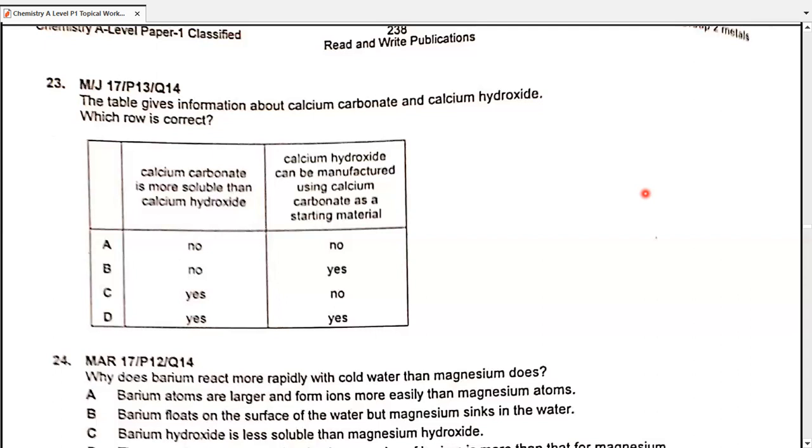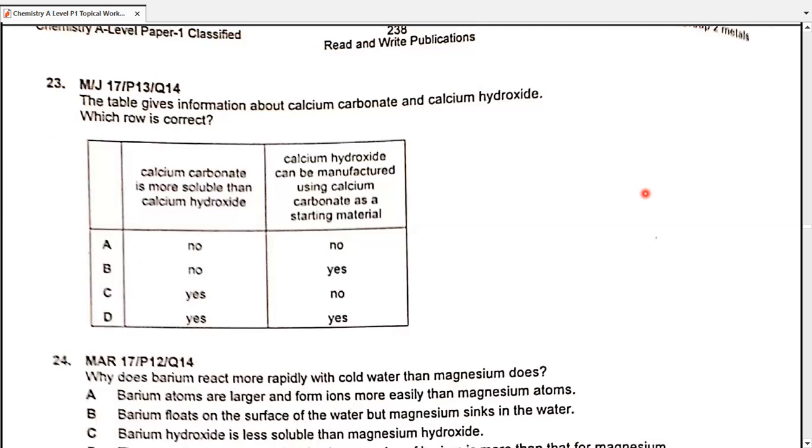And calcium carbonate is more soluble than calcium hydroxide? I think no.